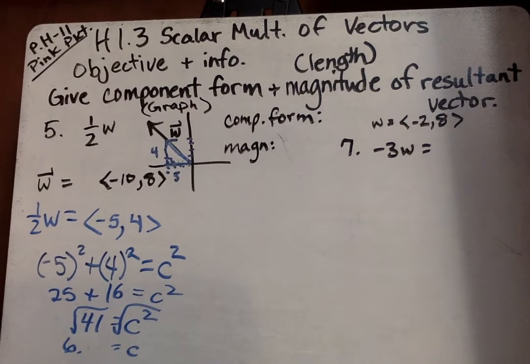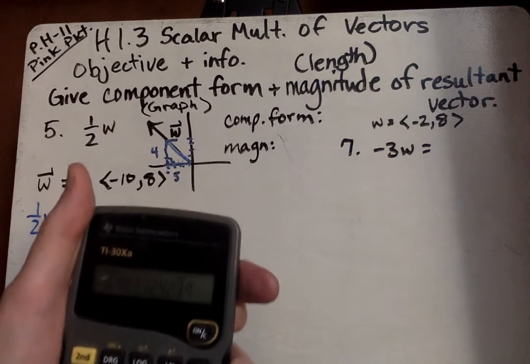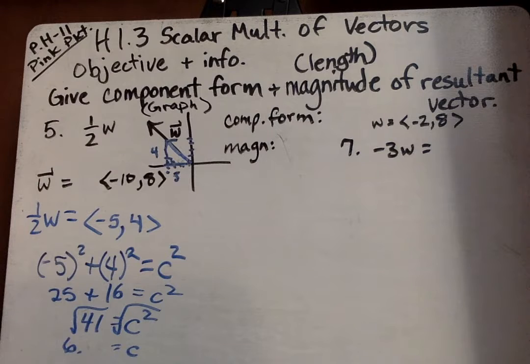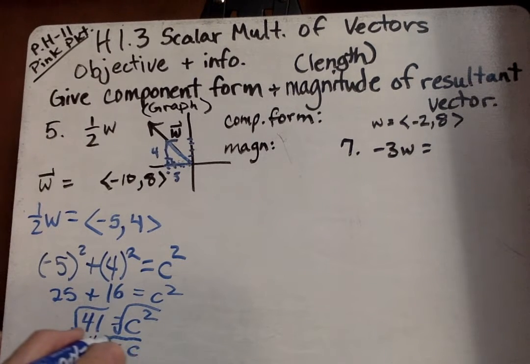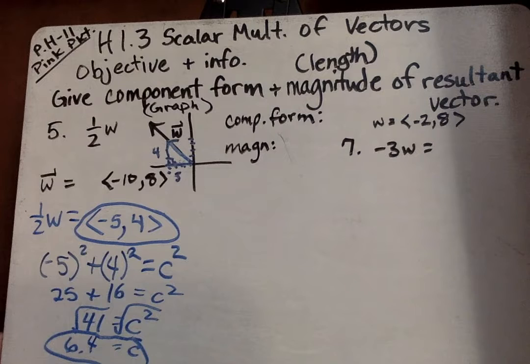And I cannot simplify that because there's no perfect squares in 41. So I'm going to put it in my calculator, 41 square root. Round to the nearest tenth, it's 6.4. And that is the magnitude. So here is the component form of 1/2 W, and the magnitude is 6.4.